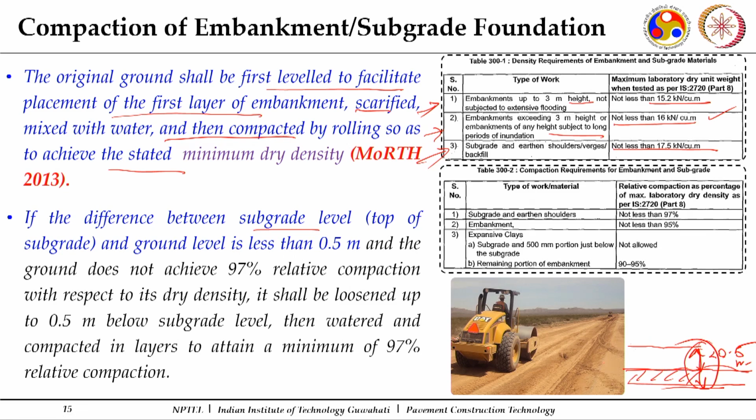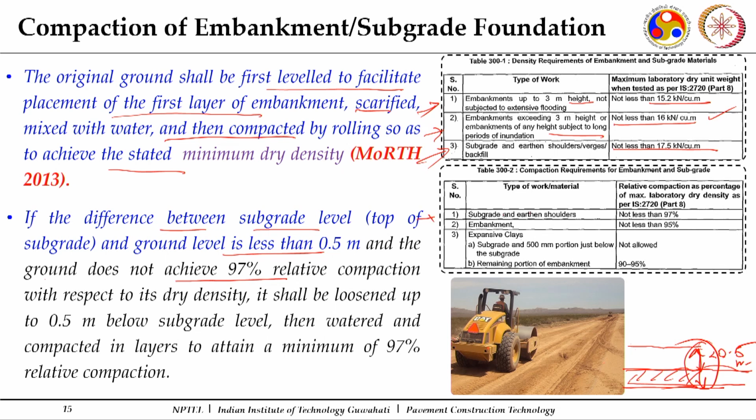I will not leave the layer within this 0.5 meter thickness, because I need to ensure the density and compaction of this material. So, it says if the difference between the top of the subgrade and ground level is less than 0.5 meter, the ground does not achieve 95% of its relative density, because as I mentioned, in the field you have to achieve a percentage of your laboratory compacted density.